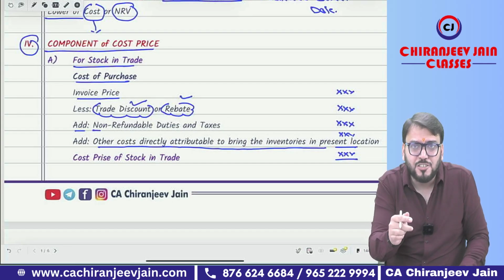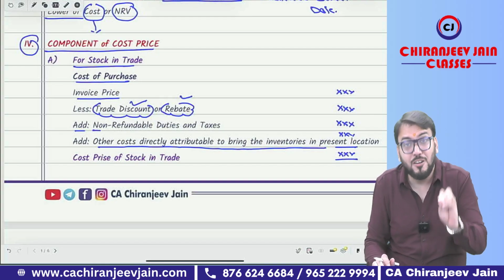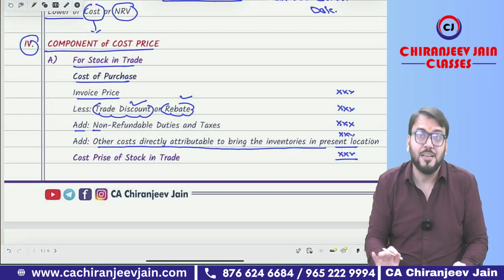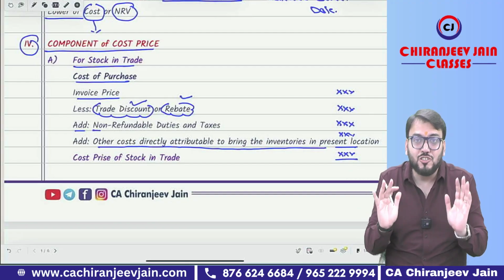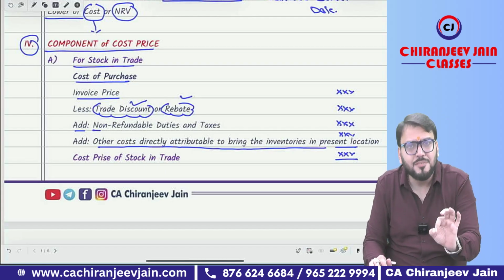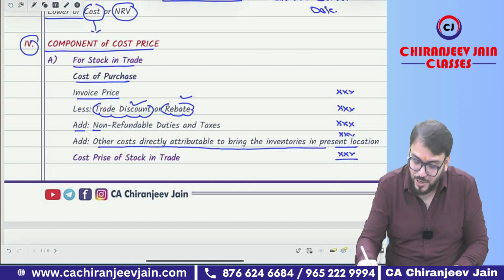For example, if you are purchasing 1000 kg in bulk quantity, some more discount will be given on trade date. That is a volume discount, and it becomes rebate. Any discount given to all customers is trade discount; any discount given only to specific customers on trade date is rebate. But any discount or rebate given on trade date will be deducted from invoice price.